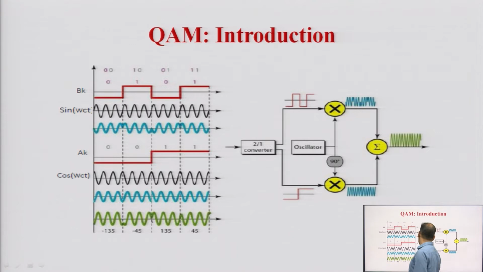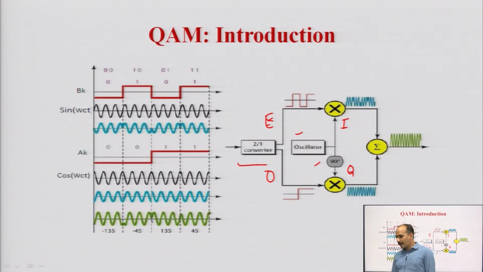Here you can see a 2 raised to 1 converter, in which you get a bit stream and divide it into 2 bit streams of even bits and odd bits. Here there is a local oscillator used for carrier generation, and that carrier oscillator gives the in-phase and quadrature carriers by using a 90-degree phase shifter.